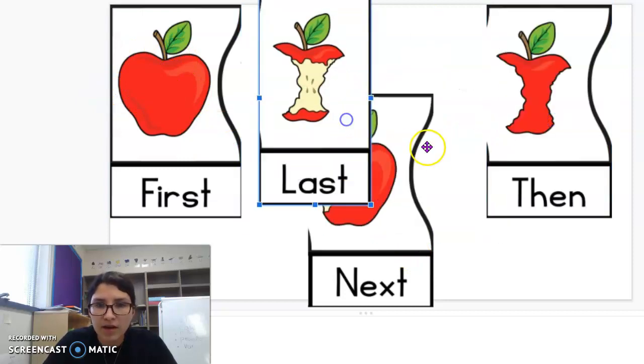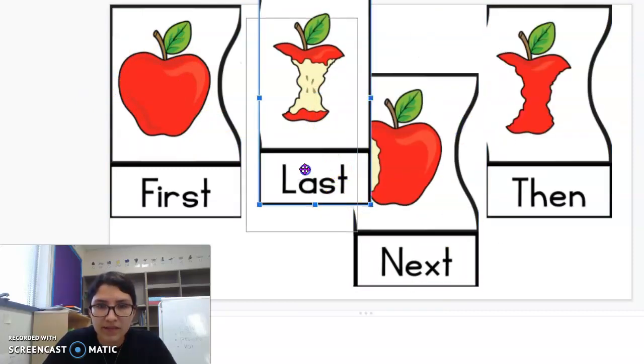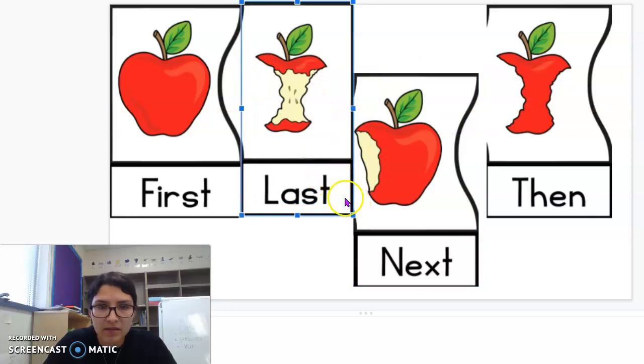Which one would come next? Would it be the one that says last? Does that make sense? First you have a whole apple, then boom, all of a sudden you have barely anything, just the core left? No. Right here, it looks like there's a little bite right here. Next, and then right here is a couple bites.